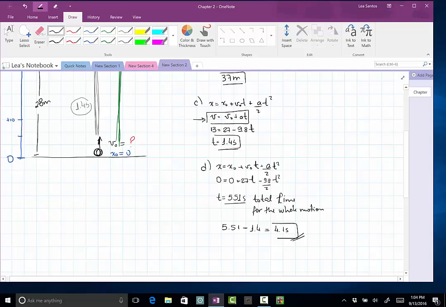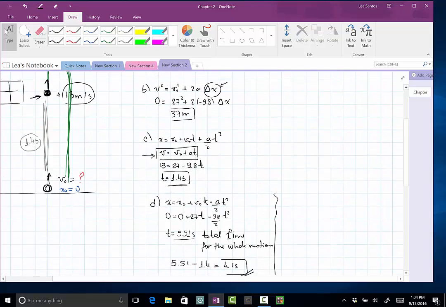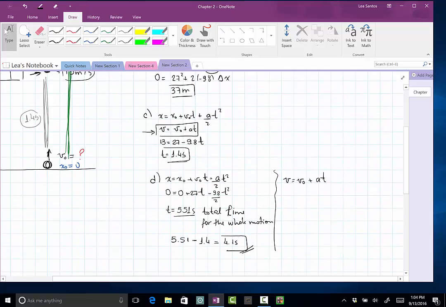There are other ways to solve this problem, dealing, for example, with velocity. Let me just mention another possibility. Using the equation for velocity, you can find the time for the whole motion again. And what does it mean, the time for the whole motion?